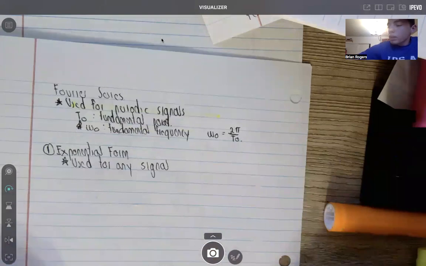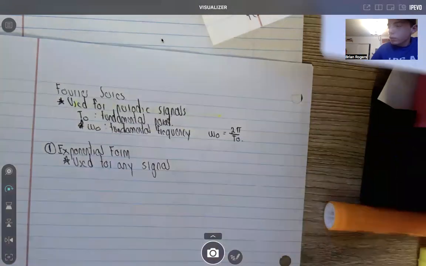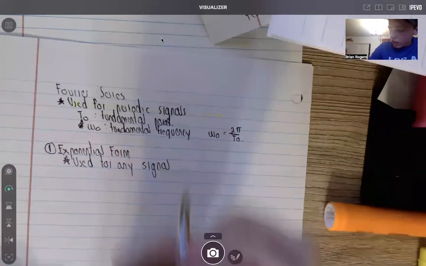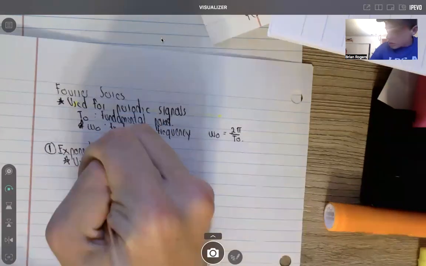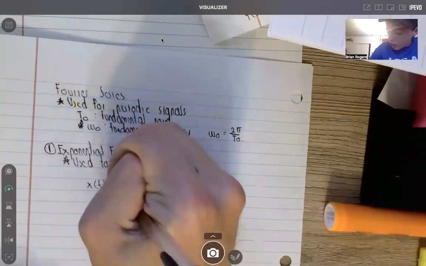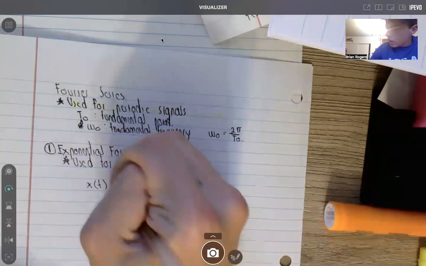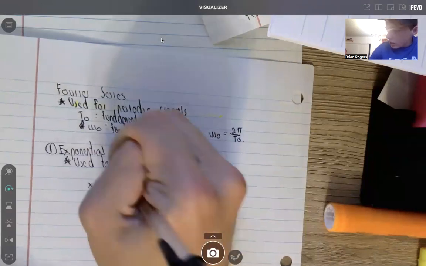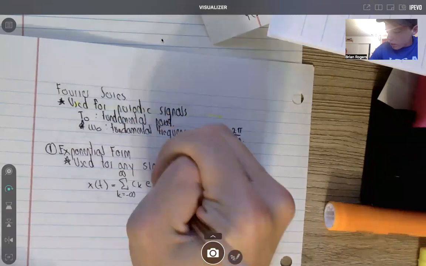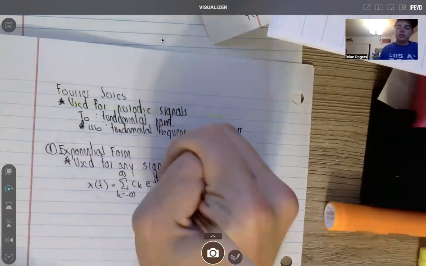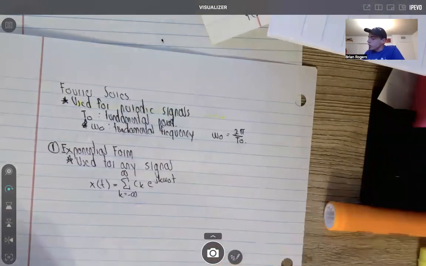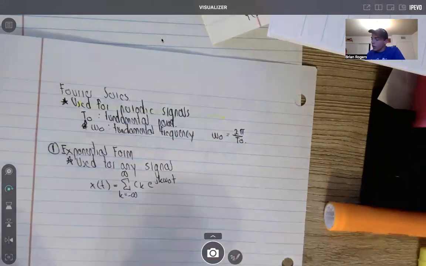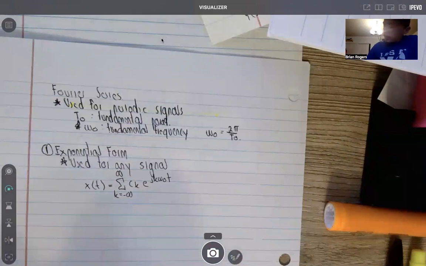And so the big thing about this exponential form is it's given in the format x of t is equal to the summation from k equals negative infinity to infinity of c k e to the j k omega naught t. Here, k omega naught is the harmonic.